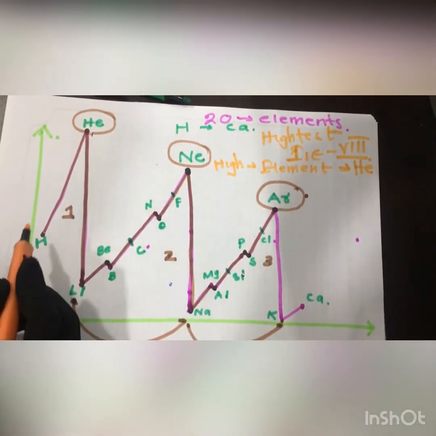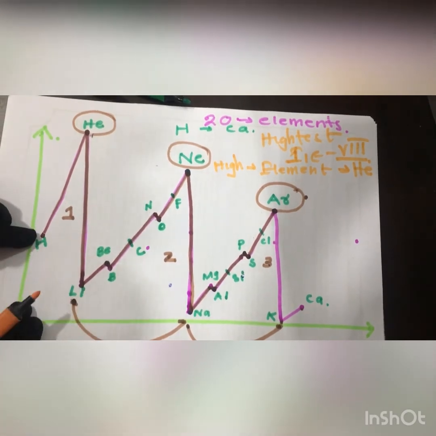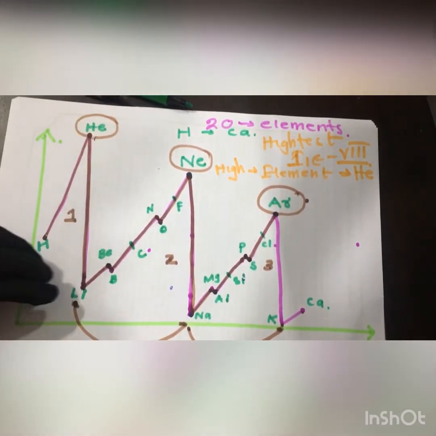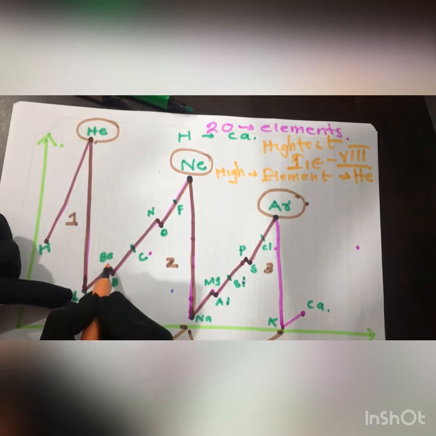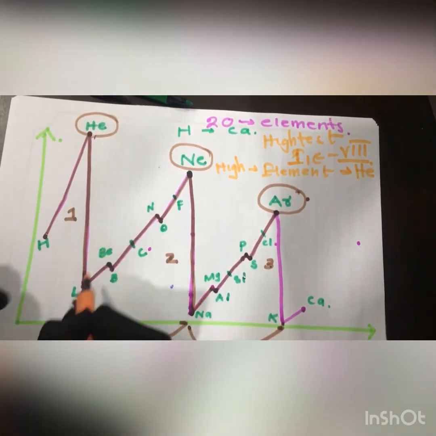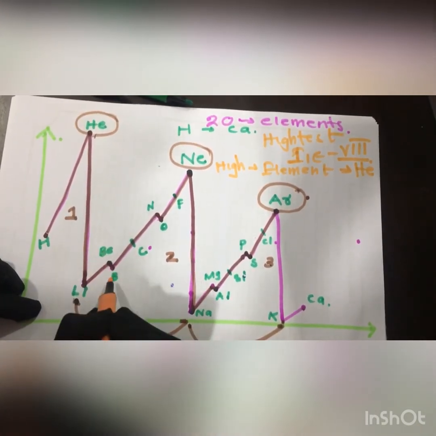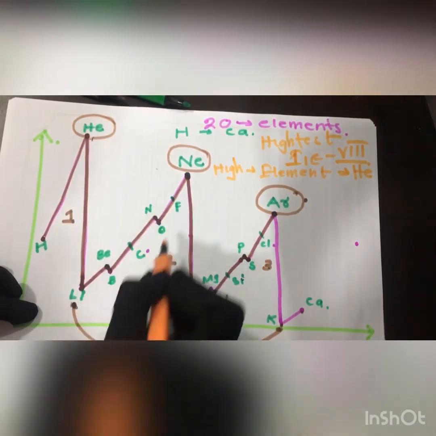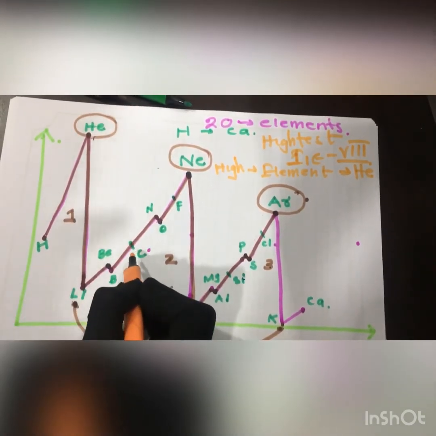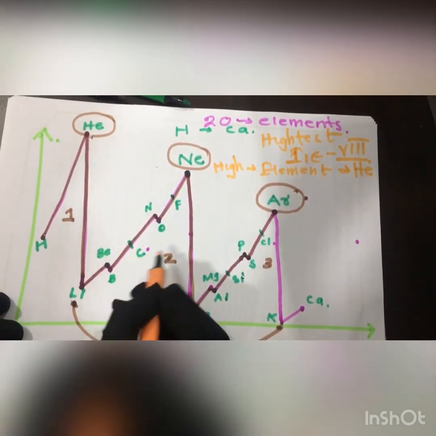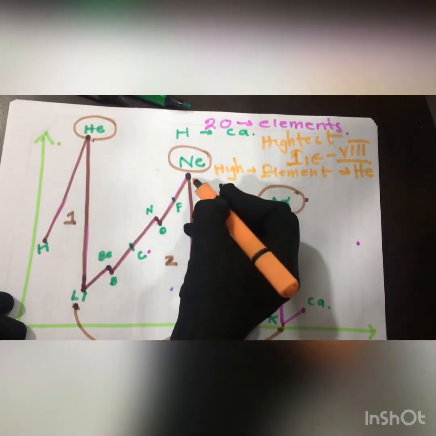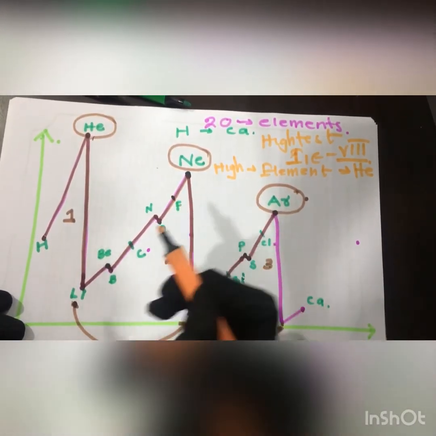In this part, hydrogen, helium, then lithium, and in the small raisement in the middle you don't mark the elements, beryllium, boron, and in the bigger raisement in the middle you mark one element as carbon, and in the second moving hill part also in the middle you mark one element.